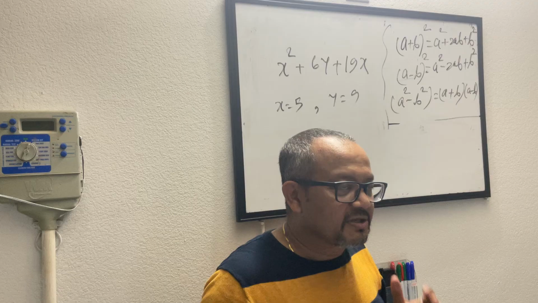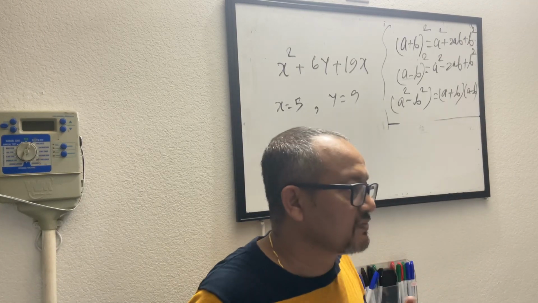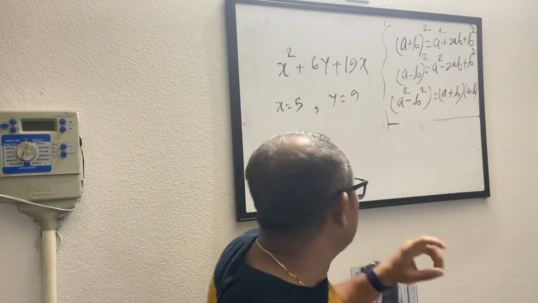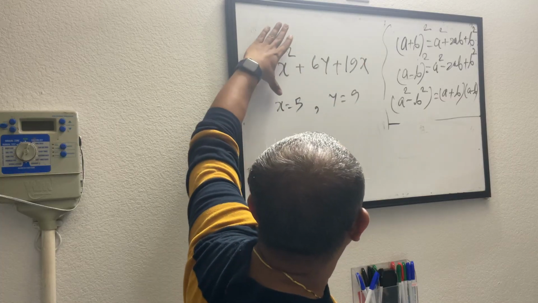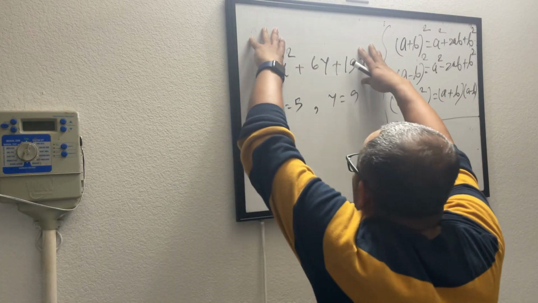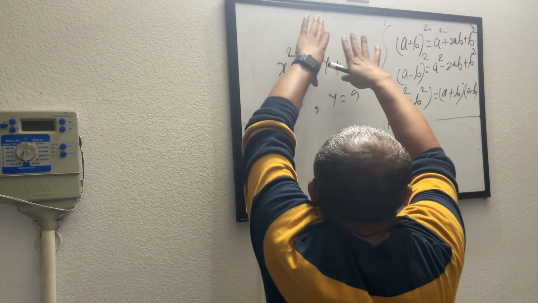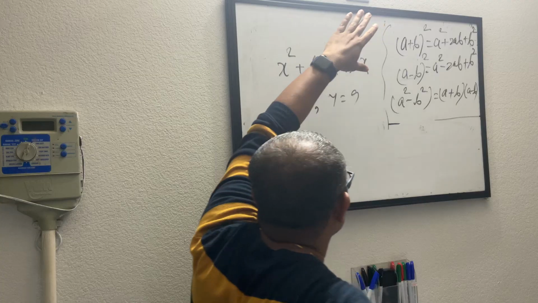Yeah. So basically, whenever you come across expression, function, or equation, when you hear the term evaluate, if you look at this expression, it has just a relationship given here: x squared, plus 6 times the y value, plus 19 times the x value again.